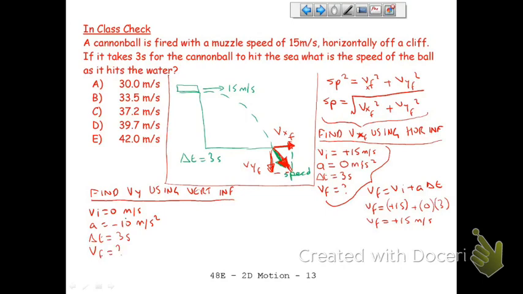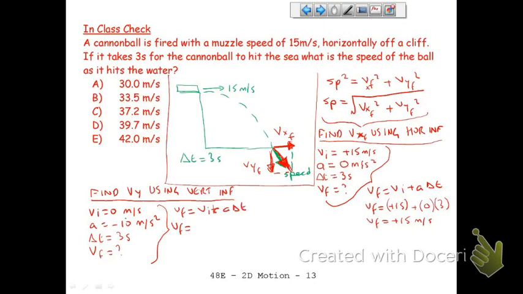Notice out of that list of 4 things, one of them you want, one of them you know, 2 of them you had to get from the context. Nowhere up here does it say minus 10 meters per second squared, and nowhere up here does it say 0 meters per second. That's all from context.